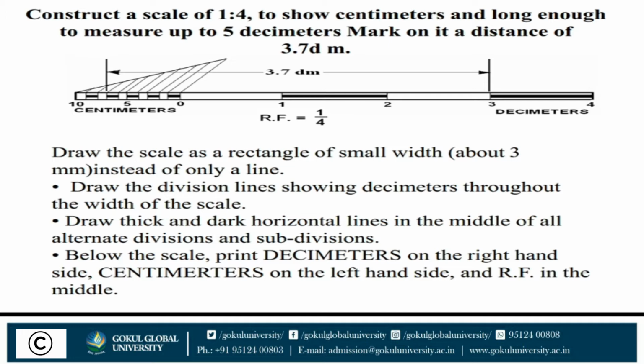Below the scale print decimeter on the right hand side and centimeter on the left hand side and RF in the middle. Now 3.7 decimeters, now 3 decimeters and 7 centimeters, as shown in the figure.